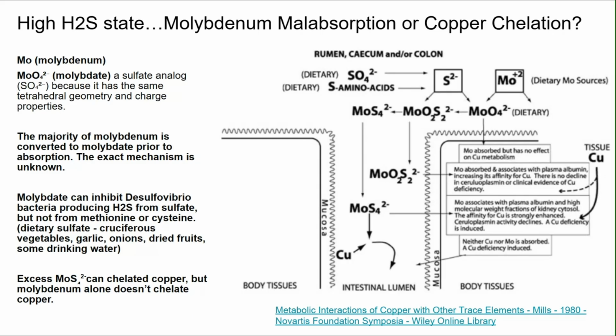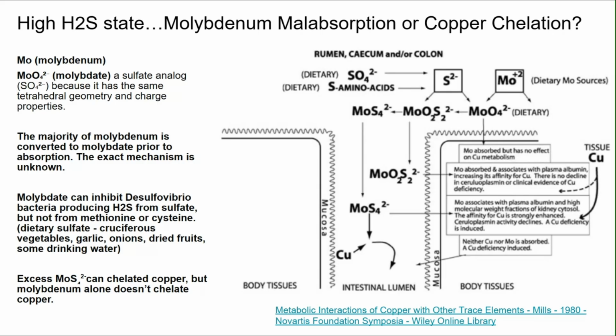So there's a big struggle for people who potentially have hydrogen sulfide producing bacteria in their gut, because you could, in theory, develop a copper deficiency from this.